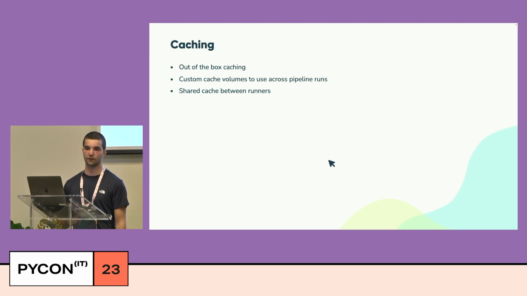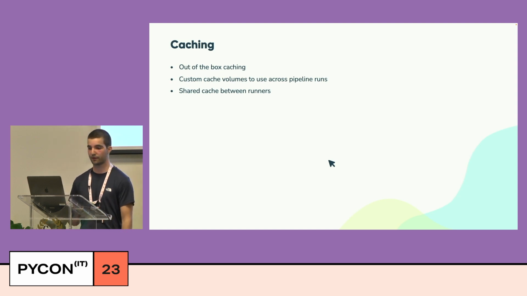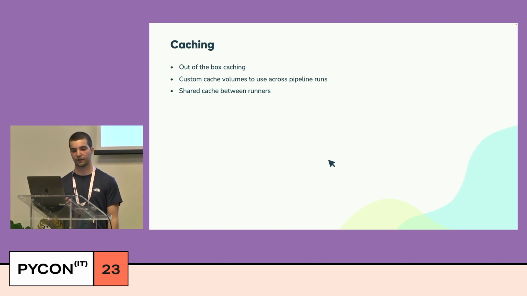If it does not cover all your needs, you can even define custom cache volumes to use across pipeline runs, but also across different pipelines, because the Docker cache is shared across the pipelines. You can also share the Docker cache between runners, because they are just layers, and you can push these layers to a registry and then share the registry between runners.